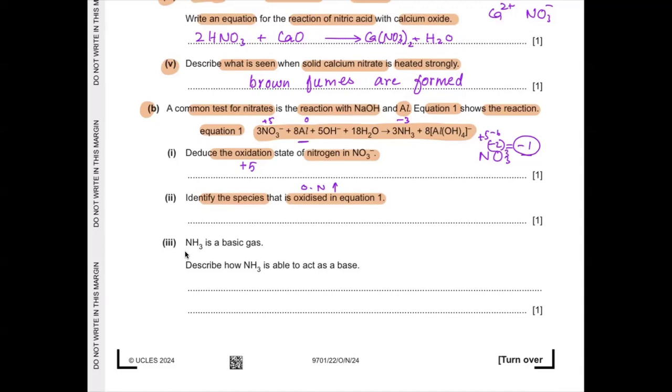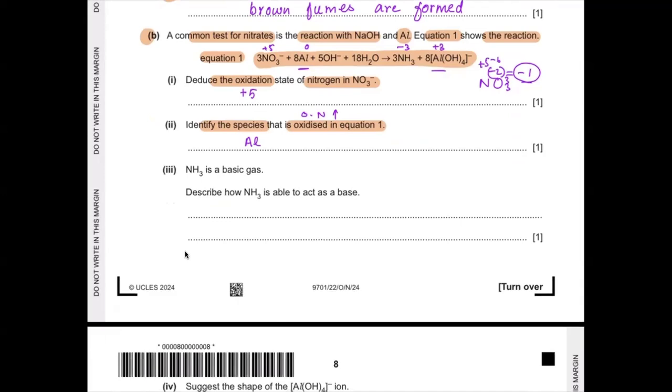And over here, it is part of the compound, so aluminium must be +3 because it's a metal and a metal always loses electrons. So the species whose oxidation number is increased is aluminium. So aluminium is the species in equation 1 which is oxidized. I hope it's clear to all of you. If anyone has any confusion in this, please ask.